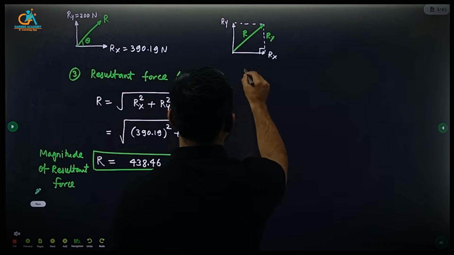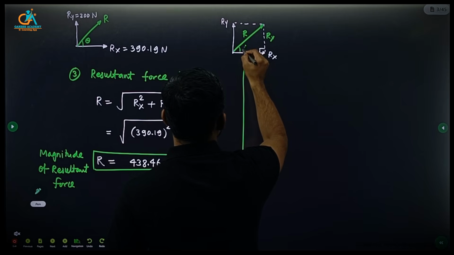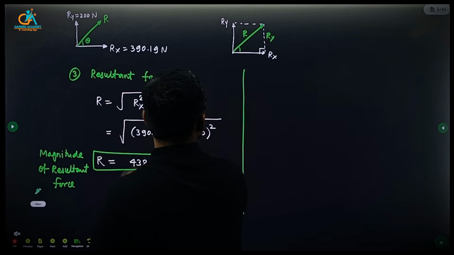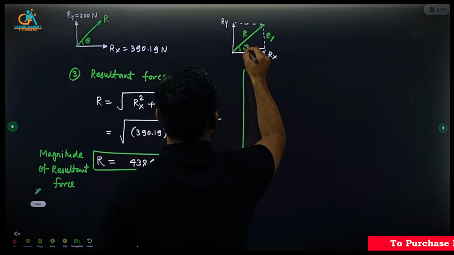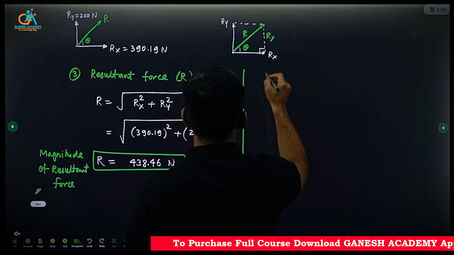And then we'll find the direction of the resultant force. Let's say this angle, theta, alpha, whatever you can take. Let's say theta. Okay. So using trigonometry, direction of the resultant force.